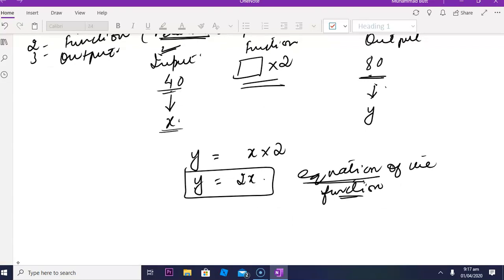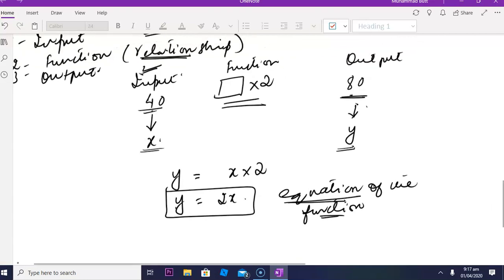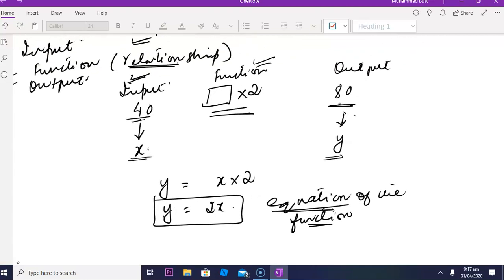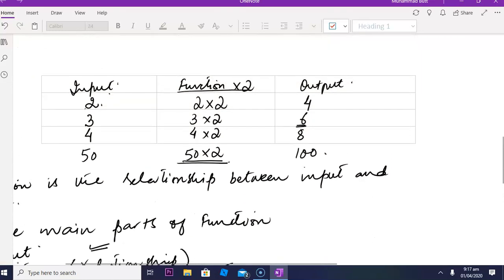x and y are the x and y coordinates of the graph, so you can also make an ordered pair over here. For the function multiplied by 2, the ordered pair will be, if the input x is 40, the output will be 80. For the above examples which we have done before, you can make an ordered pair. If input is x and output is y, when input was 2, the output y was 4.